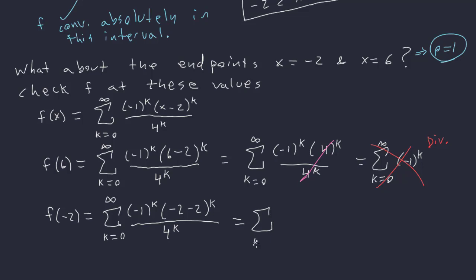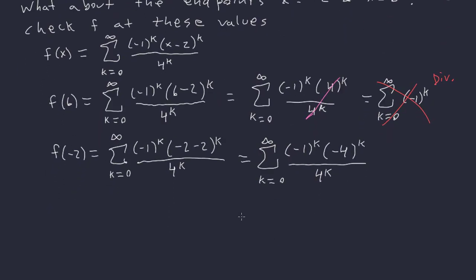So this will be the series of -1 to the k times (-4) to the k all over 4 to the k. Now, how we deal with this is I'm going to break this piece up as -1 to the k times 4 to the k.